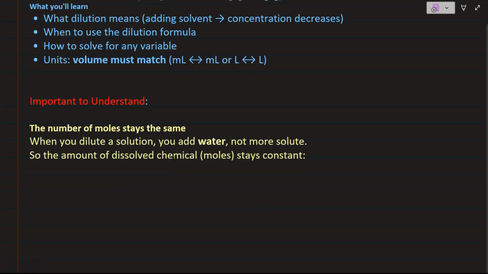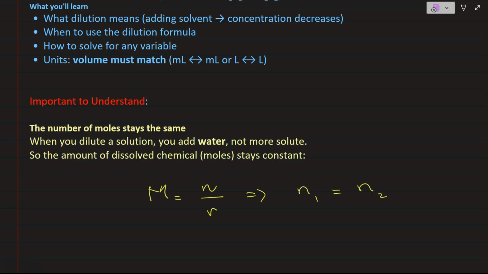Remember that molarity is the number of moles divided by the volume. If N1 is equal to N2, the number of moles in the solution is the same before and after the dilution.